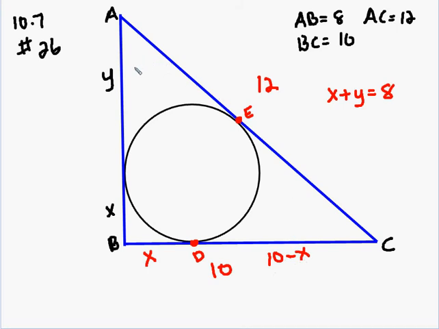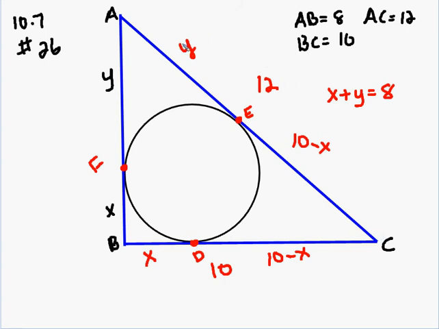And I know that A, we'll call this F, or Y, is equal to AE. So I'll call this Y. And I will call this also 10 minus X, because by the two-tangent theorem I know EC, again, is equal to DC.